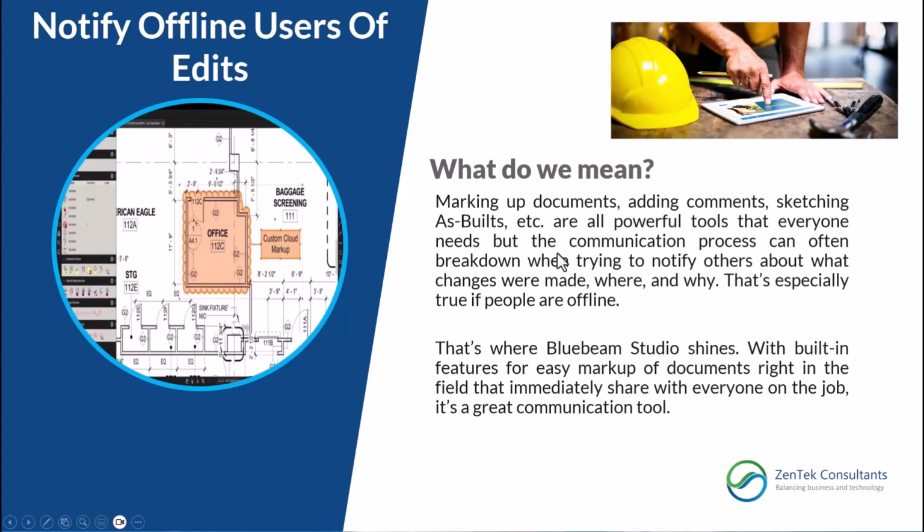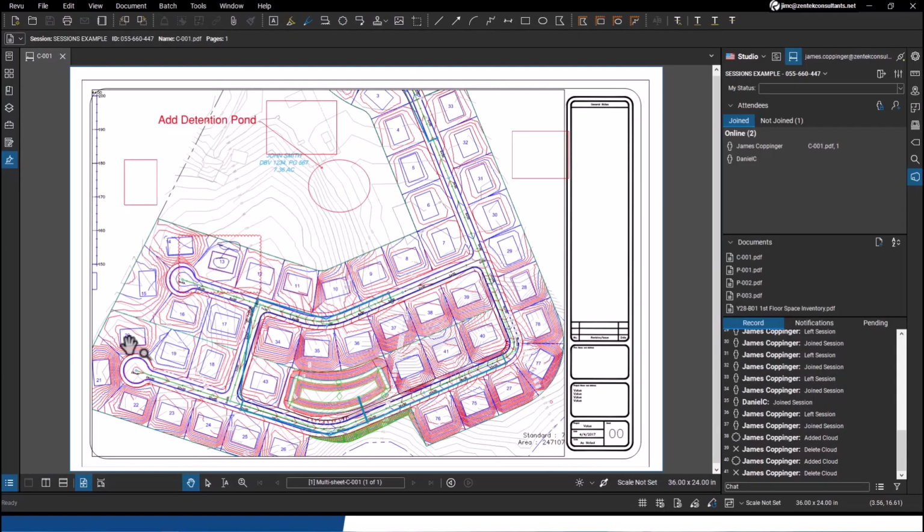But if people aren't online and actively using a Studio session with you, how do you let them know when changes have occurred? That's a very important communication function that all of us run up against in the construction world. I'm going to show you how easily a Bluebeam Studio session can handle that for you.